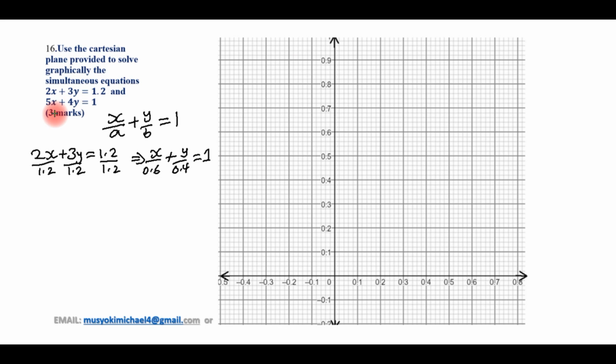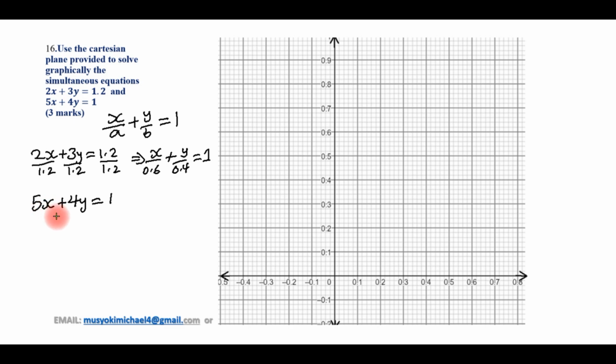Then the other equation, 5x plus 4y is equal to 1. Since the right hand side is already equal to 1, I just multiply by 1 over 5 and also 1 over 5.